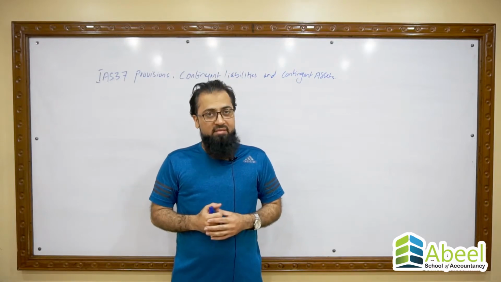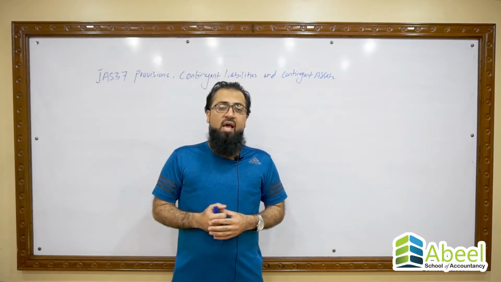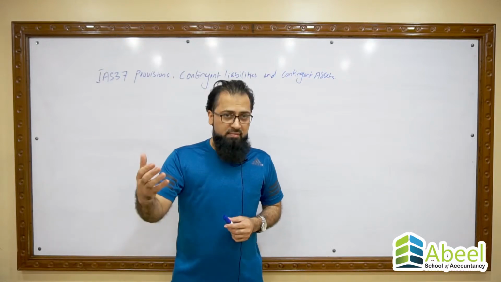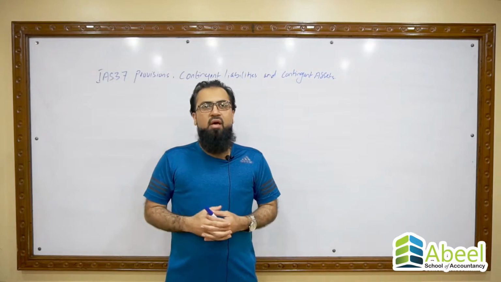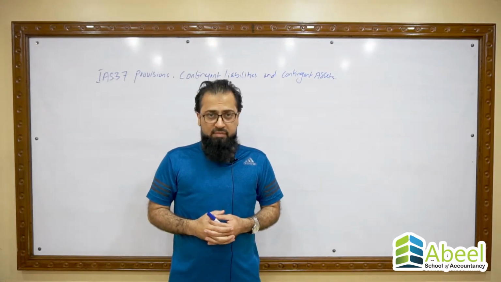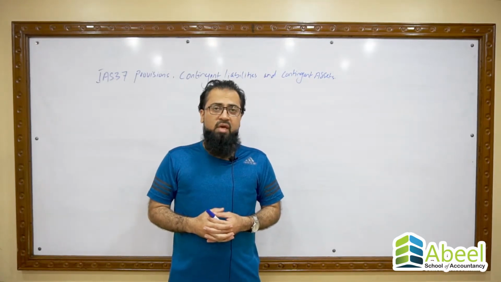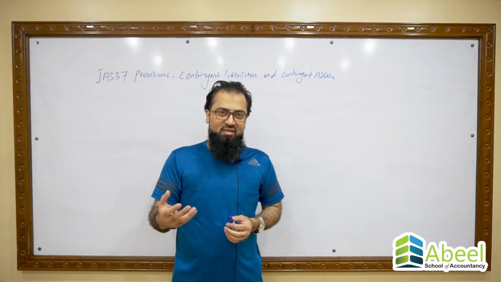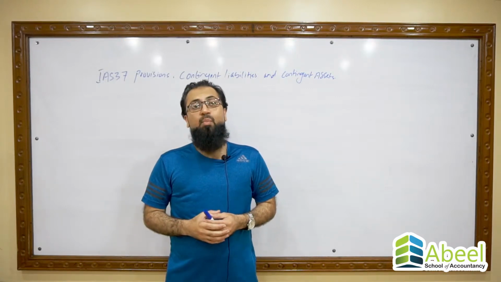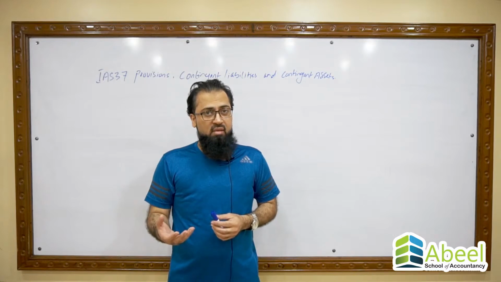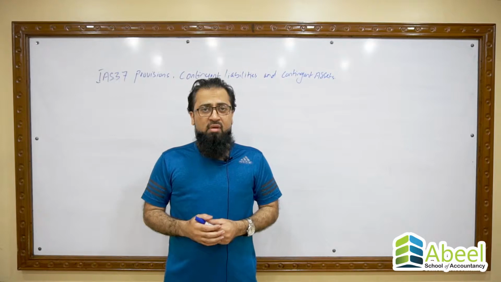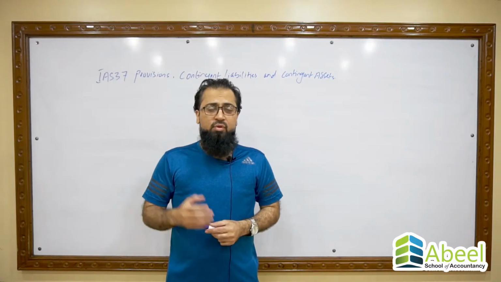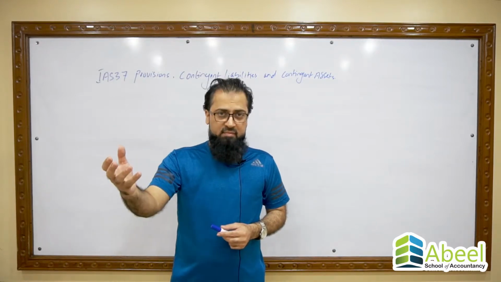Then the client replied, actually in the future we are going to carry out a capital expenditure, and since we are going to carry it out in the future, we made a provision for that. Then the younger brother replied, how can you make a provision for a capital expenditure which you are going to carry out in the future?